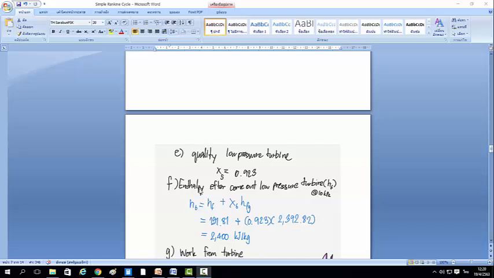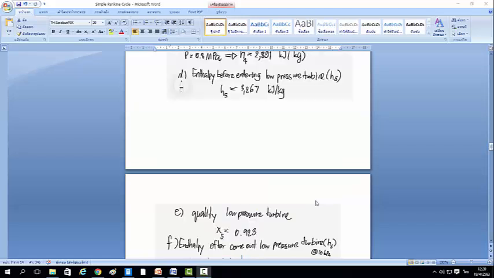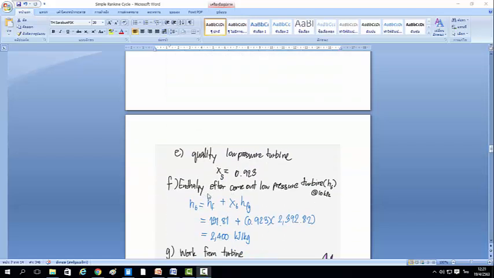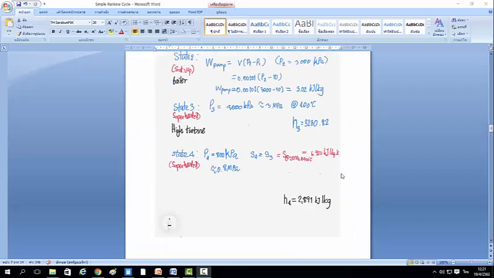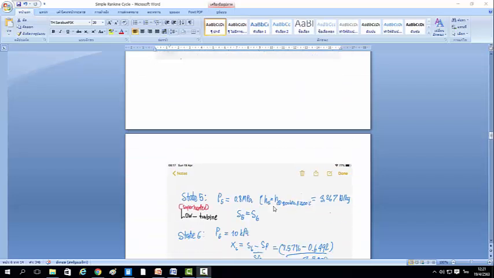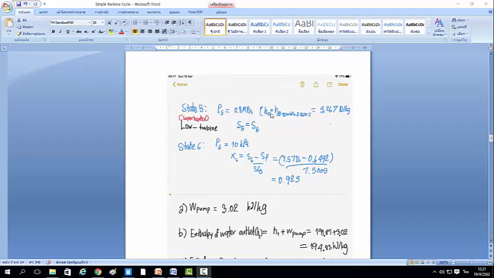And if we want to know the entropy after it comes out of the low pressure turbine, in state x7 or x6, S6, right? x6.